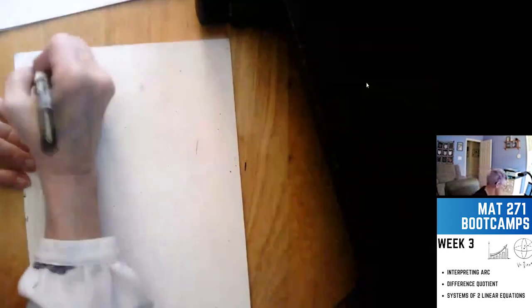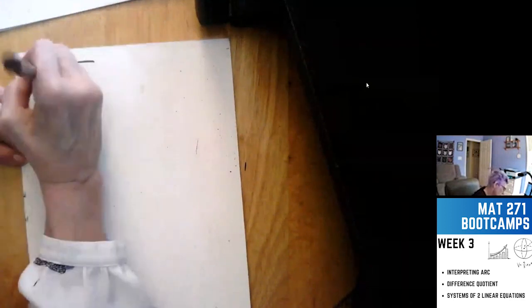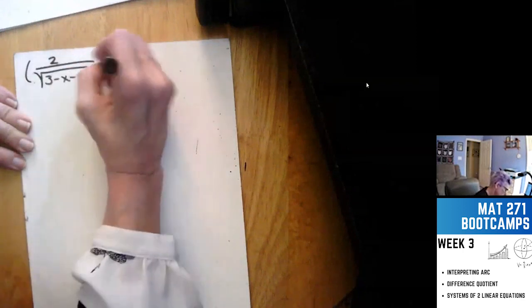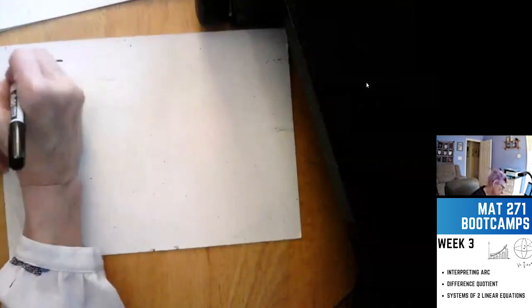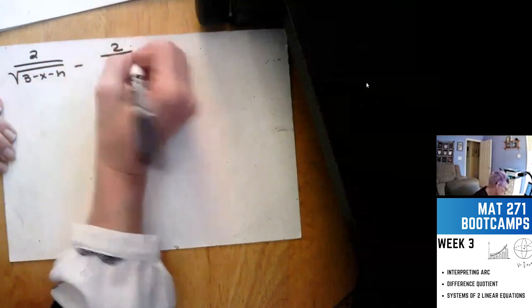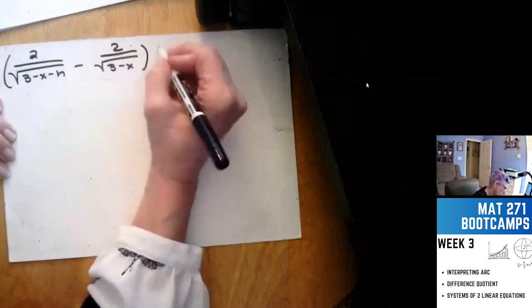Let's see. So if we did 2 over square root of 3 minus x minus h, actually, I'm going to write it again. Let's do it this way. 2 over 3 minus x minus h minus 2 over square root of 3 minus x.